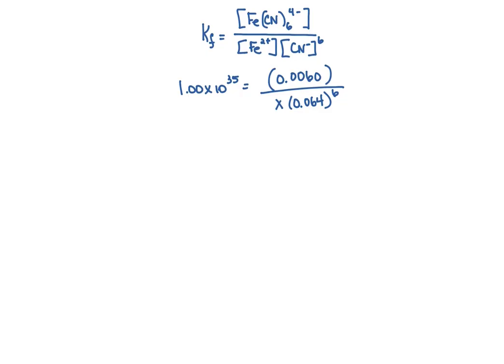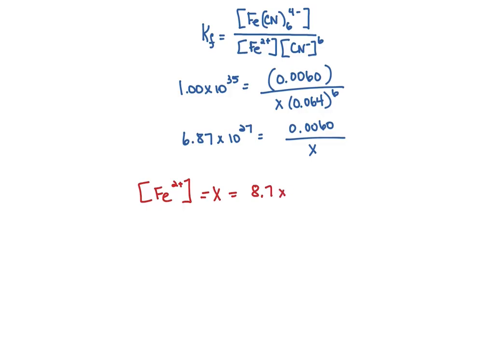I'm going to clean that up a little bit. And I'm going to solve for x. Remember that x is just the concentration of iron 2 plus. So x equals 8.7 times 10 to the negative 31 molar.